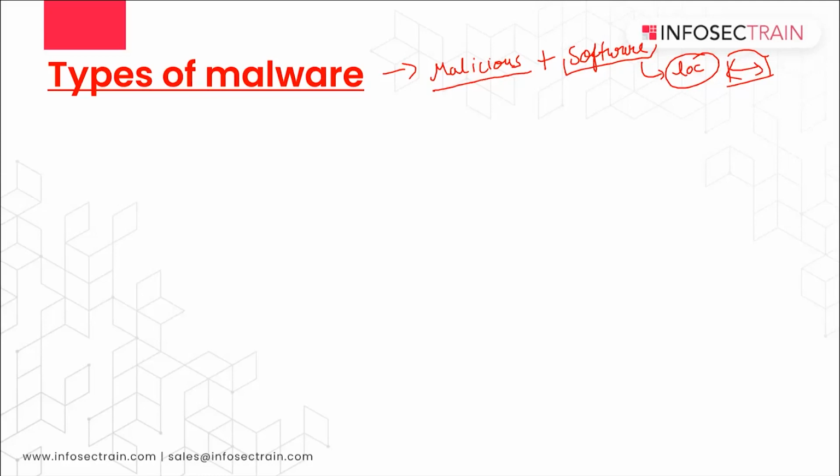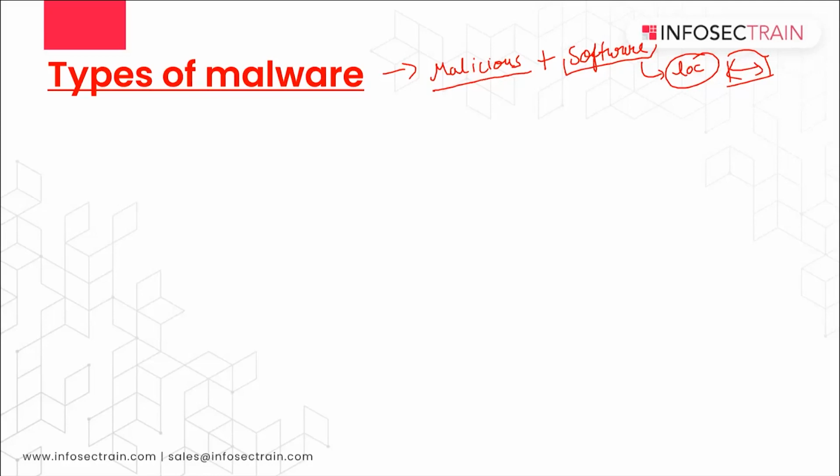So a simple thing we can say like this. Malicious code is undesired or unauthorized software, or simply the malware, which will be placed into the target system, into your system, so that it can disrupt your day-to-day operation or redirect the system resources for the attacker's benefit.